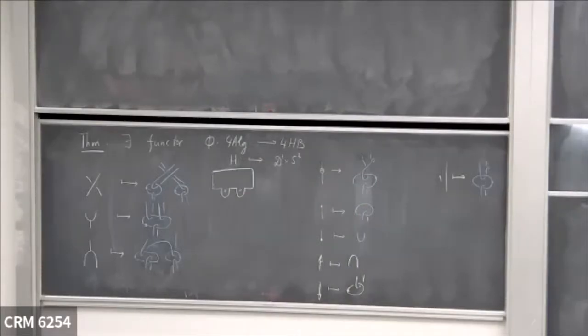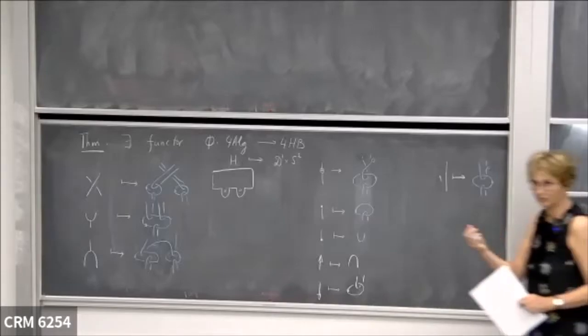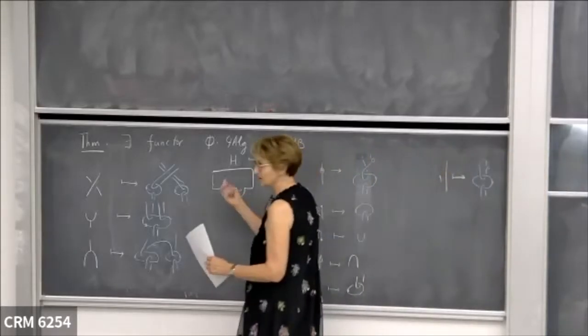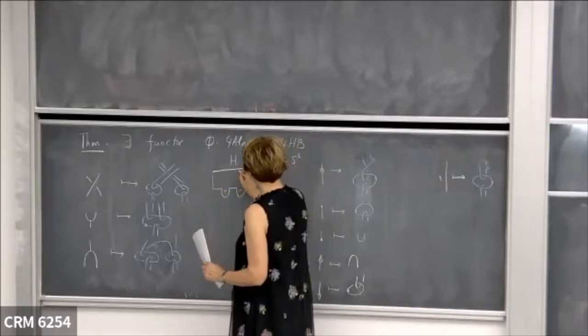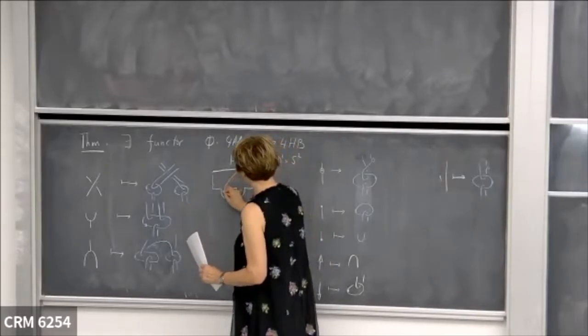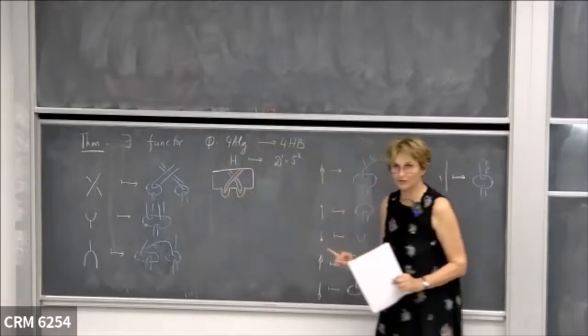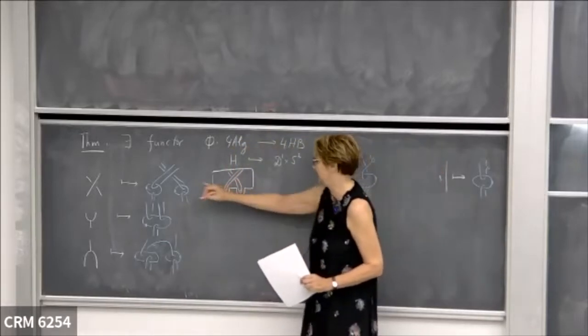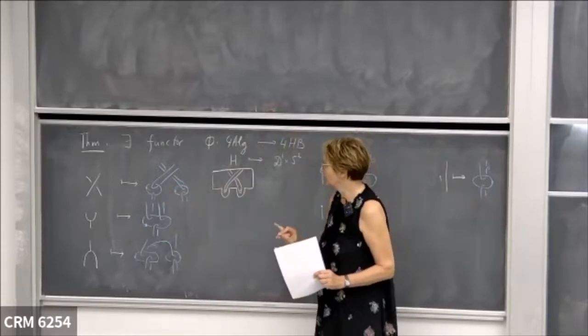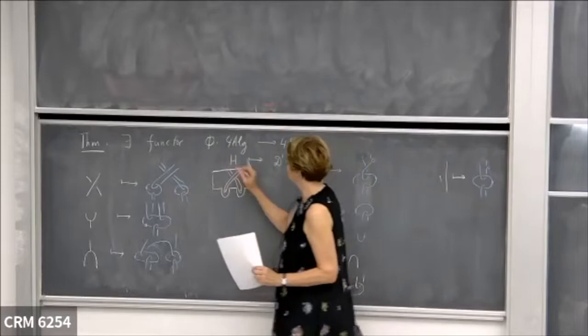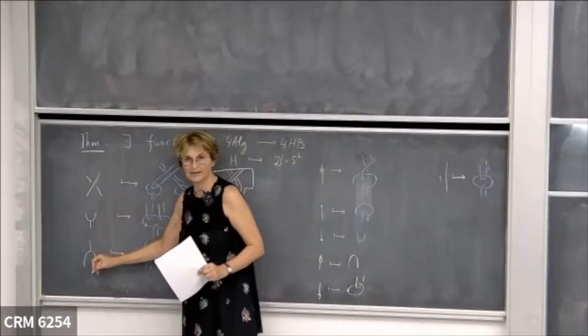The picture was upside down, so I'm turning it upside down. Here you put this. This was red before, and it's very similar. I also used red for the algebra morphism, which in this case would be these guys. This also was red.